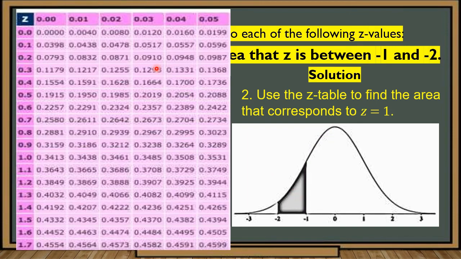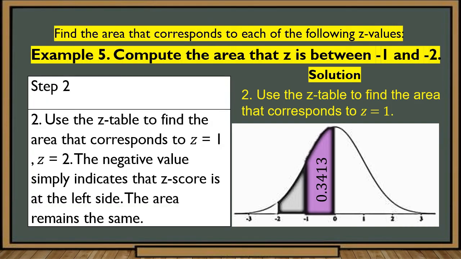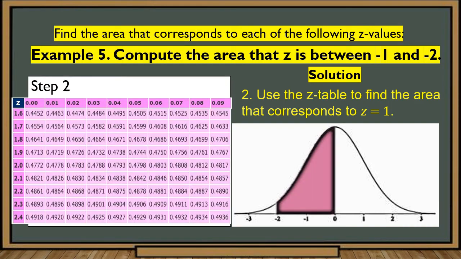Okay, so from our z table, the area that corresponds to z equal to 1, alam na natin yan, it is equal to 3,413 10,000s. So again, this is 0.3413. And next is we're going to find this area. So from our z table, it is the area that corresponds to z equal to 2.